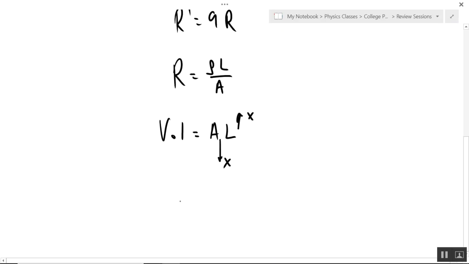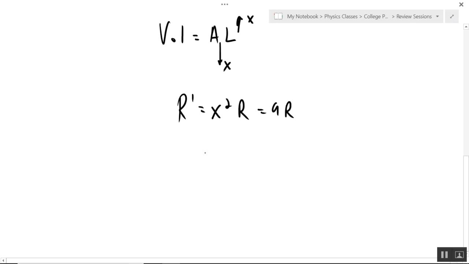Right. So the new resistance is equal to x squared, whatever that factor is, times R. But this is equal to 9R because the resistance is 9 times bigger, right? So x is what? 3.